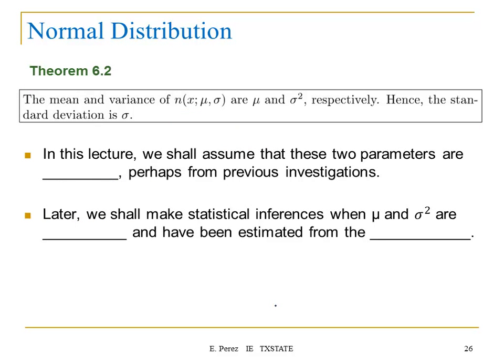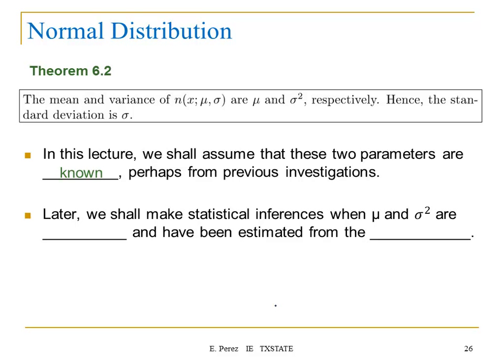In this lecture, for now, we're going to assume that the two parameters are known. I'm going to give you that information, and we're going to assume we have it from previous investigation.